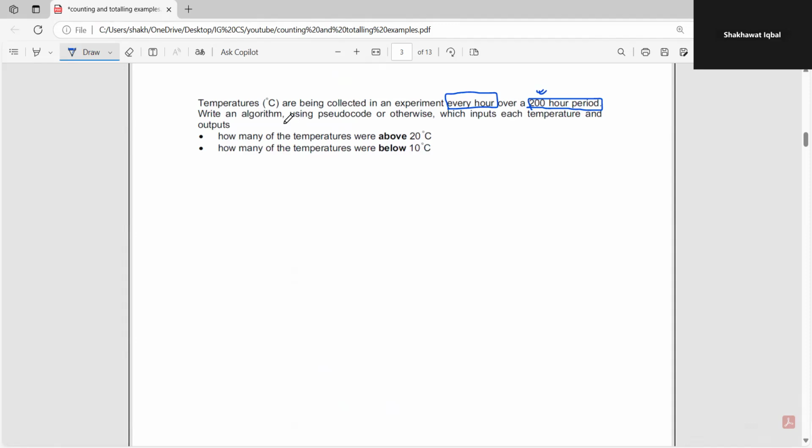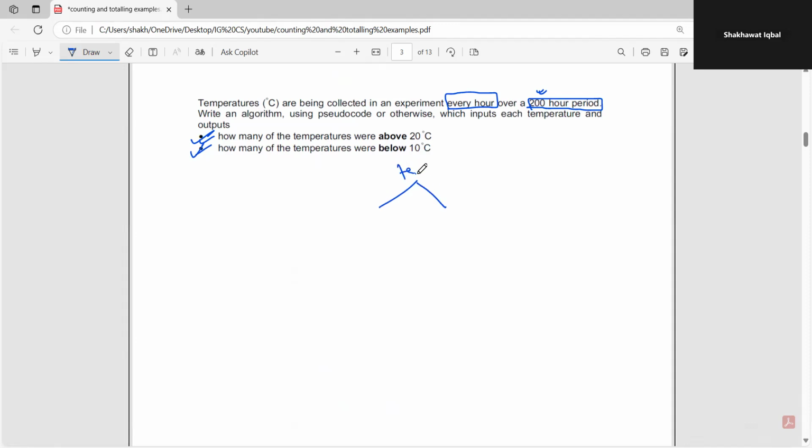Write an algorithm, using pseudocode or otherwise, which inputs each temperature and outputs how many of the temperatures are above 20 degrees Celsius, and how many are below 20 degrees Celsius.